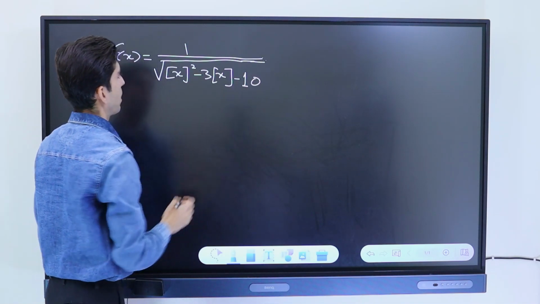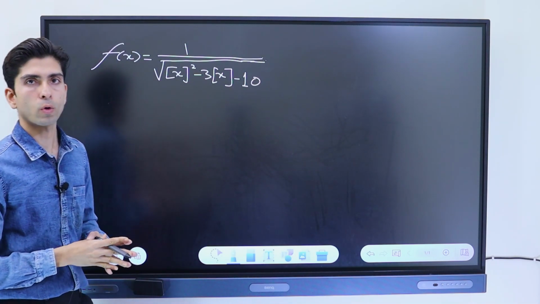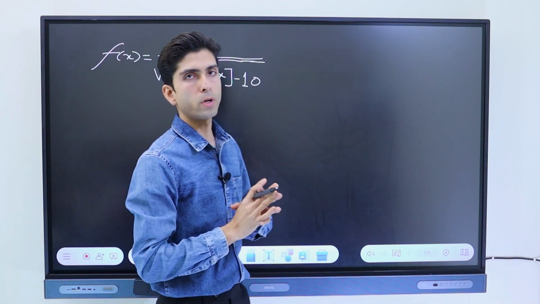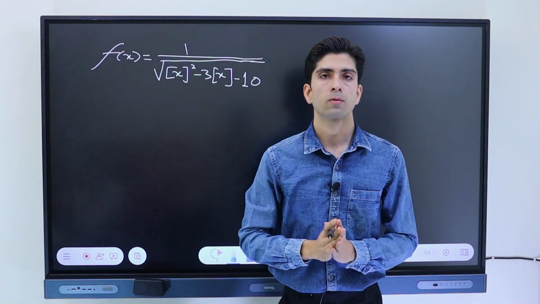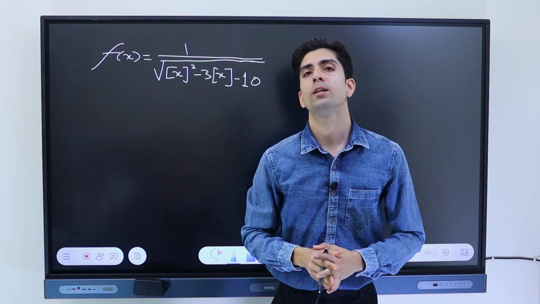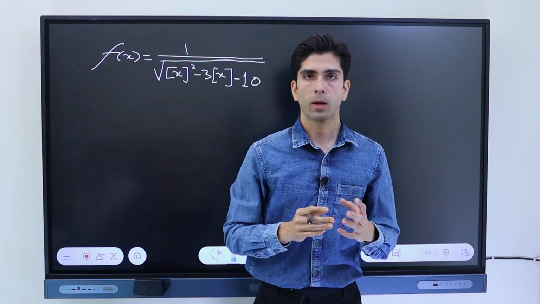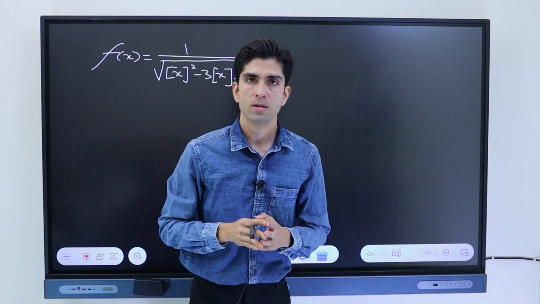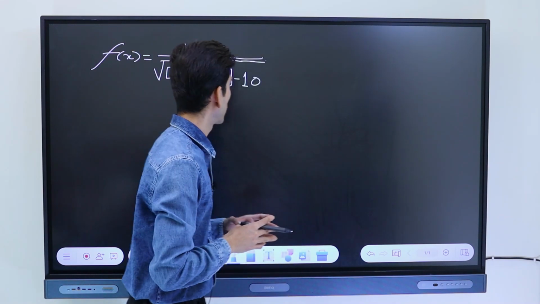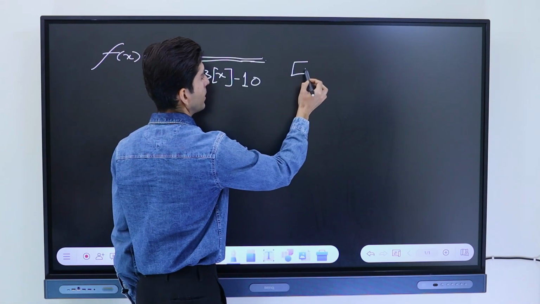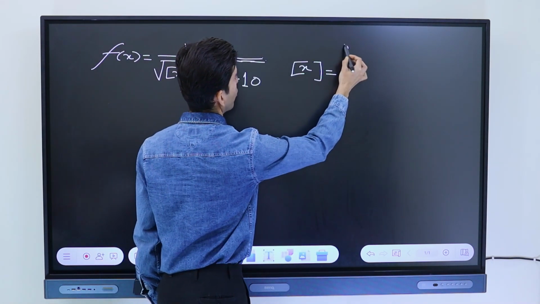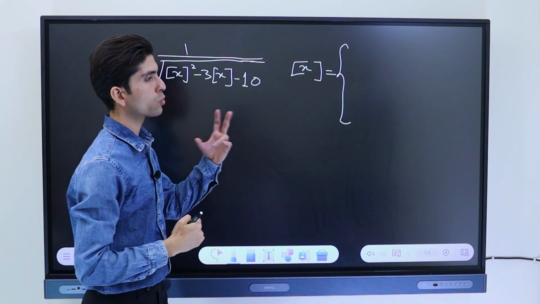minus 10. Okay, now before we get into solving this question, I want to recall the concept of greatest integer function that you all must have studied in your 11th standard. And 12th standard students must be knowing this. So when we have the greatest integer function, how do we define it? There are two ways.